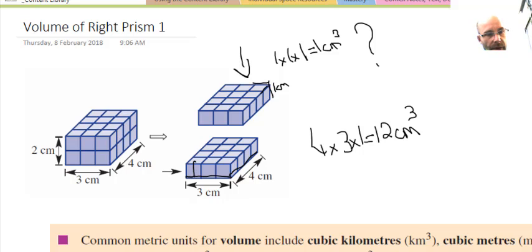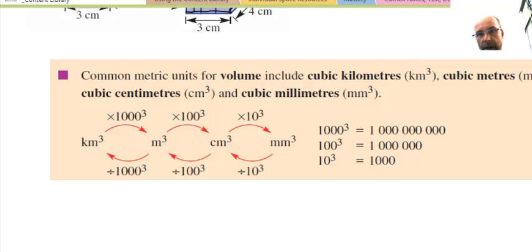So volume is an extra dimension on top of area, I suppose, and we're talking about an amount of space inside a solid body. And we need to look at conversions just as we did with length and with area.